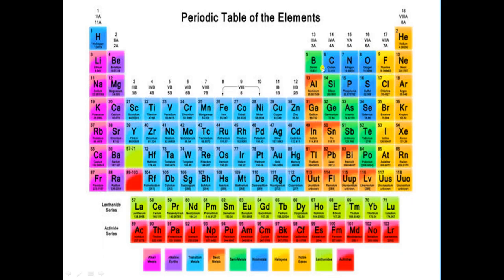So here carbon is more electronegative than boron, nitrogen is more electronegative than carbon, oxygen is more electronegative than nitrogen, and fluorine is more electronegative than oxygen. This trend is up to the 17th group. And if we go top to down, then electronegativity decreases because top to down atomic size increases.